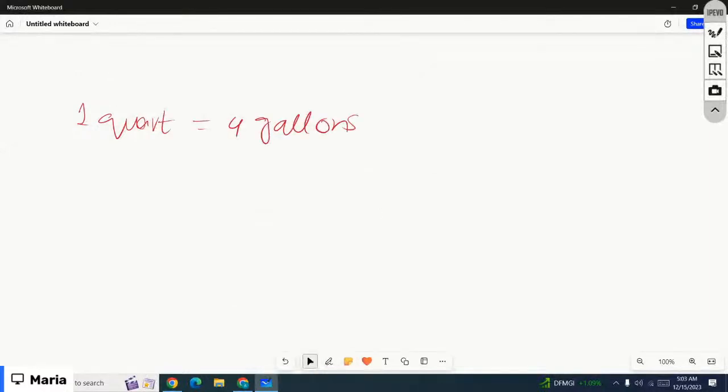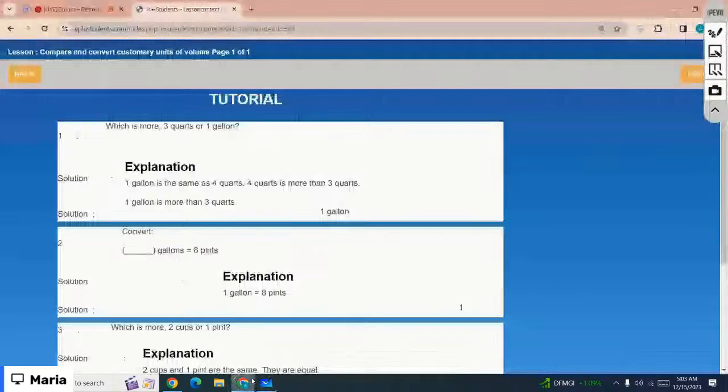So 1 gallon is the same as 4 quarts, which means 4 quarts is more than 3 quarts. So 1 gallon is more than 3 quarts.